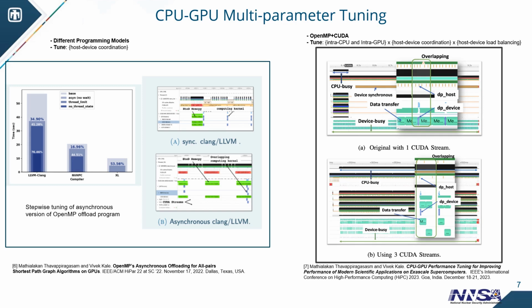But with careful parameter tuning that involves the CPU as well, the CPU and GPU together can perform much better. You can find more information on this particular result as well as other results in the paper that's to appear here at HiPC 2023. Now, this provides the groundwork for some future auto tuning.